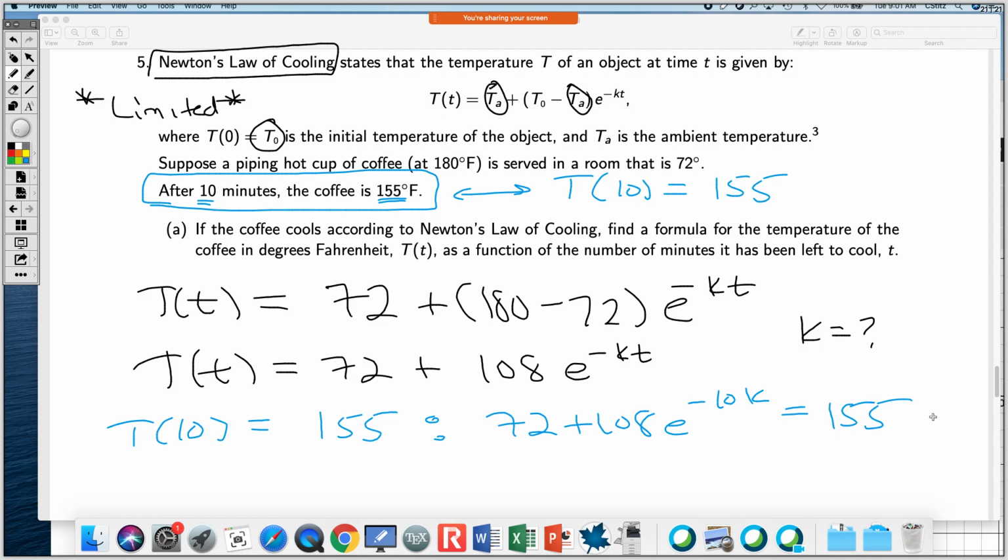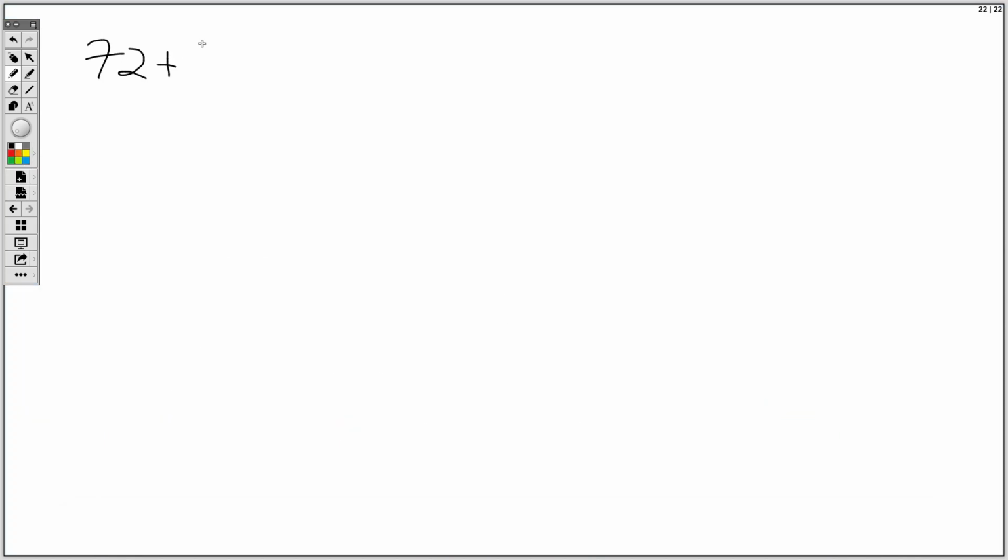So once again, now we're back into what we did on Thursday. So 72 plus 108 e to the minus 10k is 155.